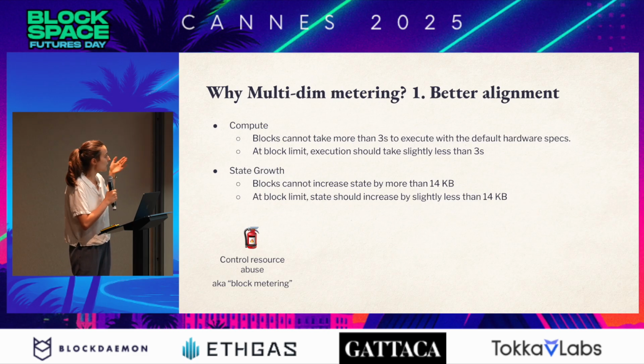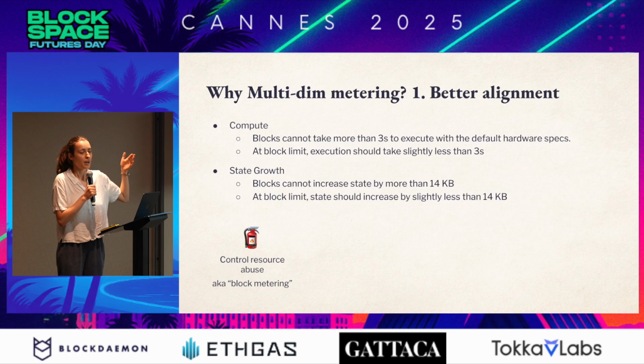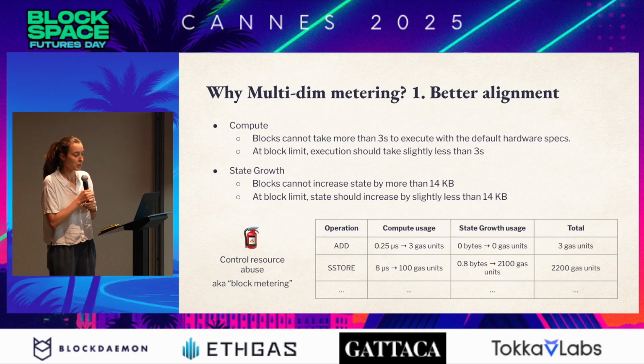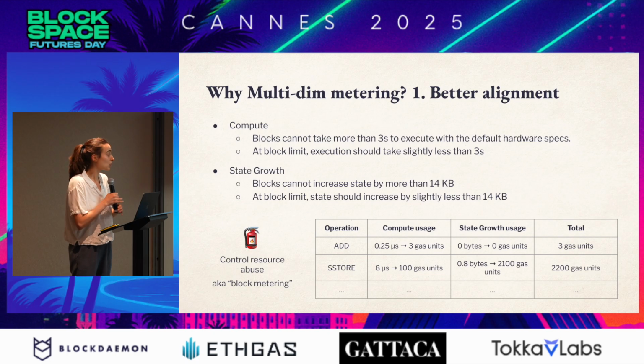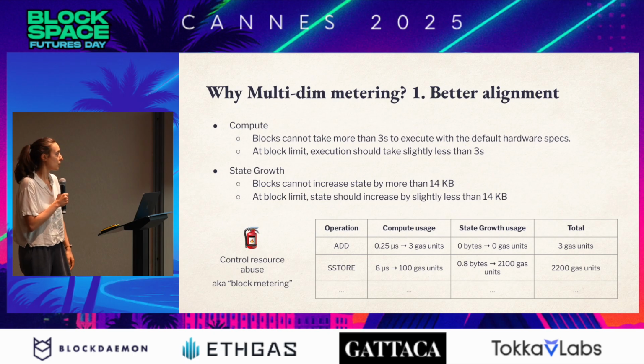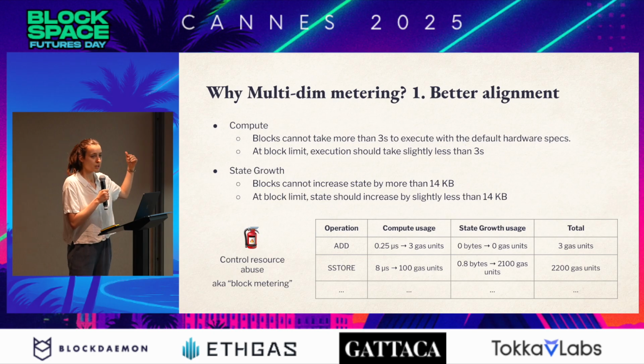Once we have these limits, we can map this into the gas limits. And the way we do it is essentially we create benchmarks where we see, for each EVM operation, how much these operations spend at each resource. And then we can map that to the units.